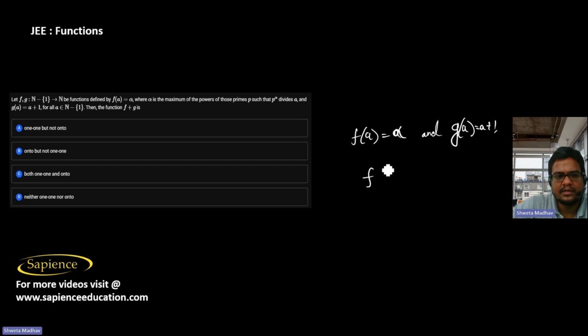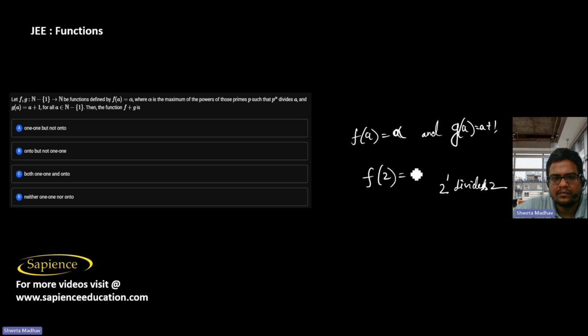Suppose for example if we find f of 2, so maximum of the powers of those primes that divides a. Okay, so it means that 2 power 1 divides 2.